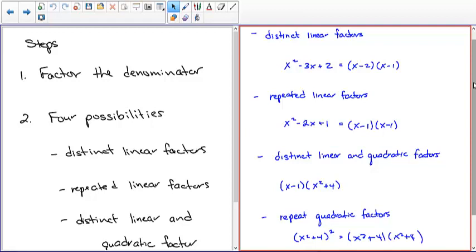Then you can also have the case where you would have two quadratic factors. That would have to be a fourth order polynomial to get that to happen. So the first two are second order polynomials, the third one you at least need a third order polynomial, and the fourth case you have to have a fourth order polynomial.